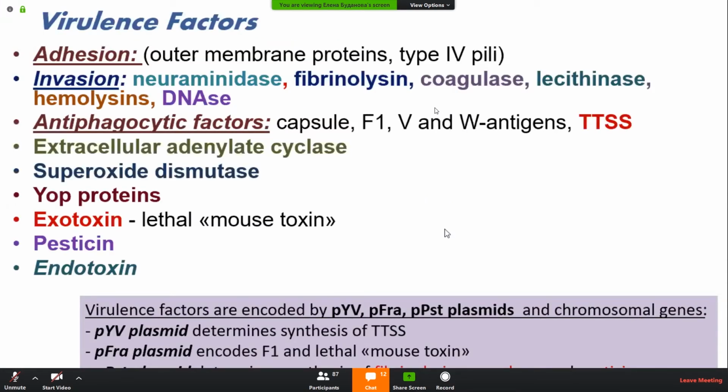Virulence factors. Bacteria are highly virulent, and they have many factors to cause disease. They include adhesion factors that can be found in outer membrane of the cell wall. They're proteins, and they possess type 4 pili. They're invasive parasites that can even pass through undamaged surfaces like skin and mucosal cells.